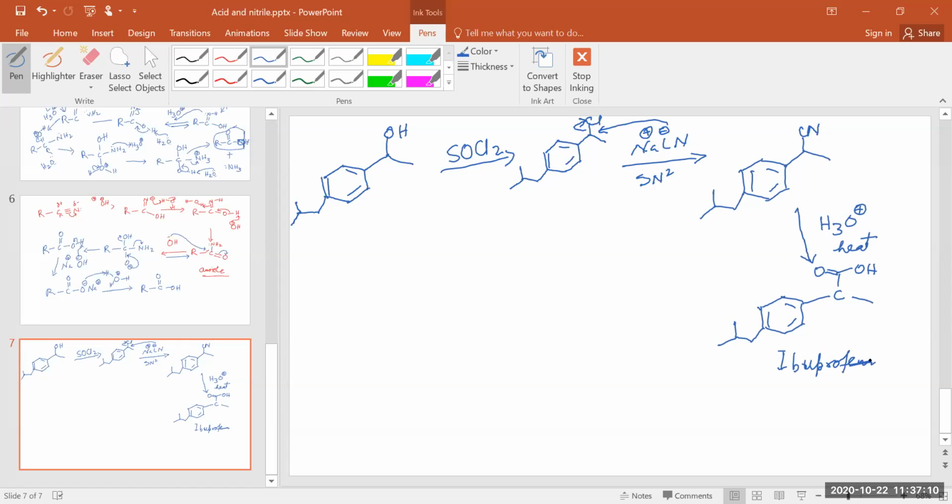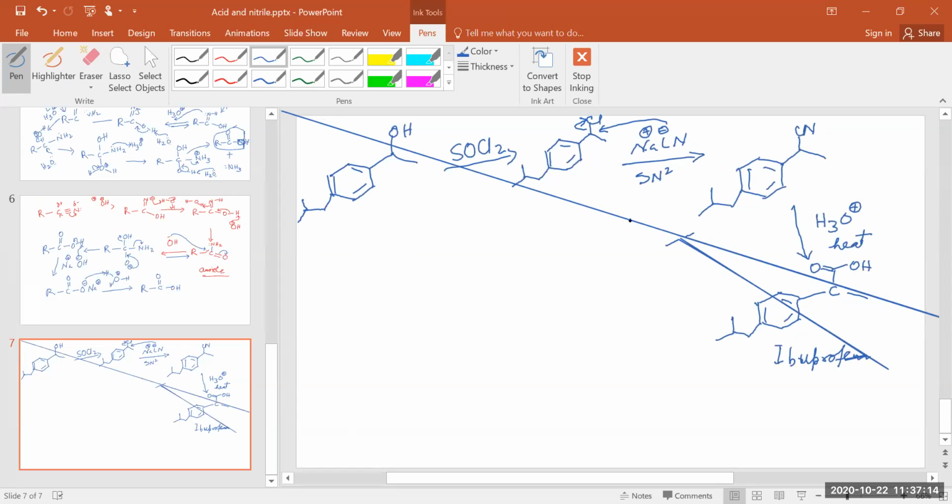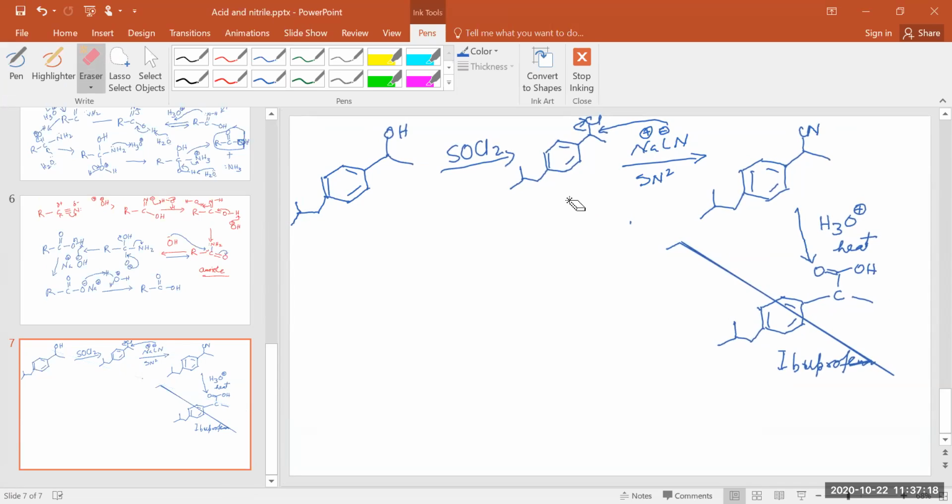Okay? The same thing, if you take under basic condition, so what will happen? Just as we saw in the mechanism, it will make a carboxylate.